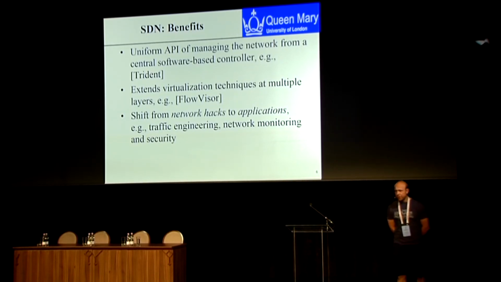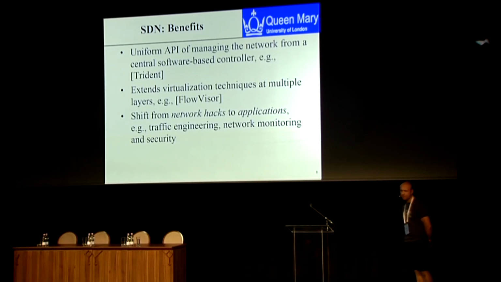Another benefit is that you can do virtualization. I mean, we do lots of tunnelings and slicing in our networks nowadays, and it's kind of a mess. So actually, one of the benefits of SDN is to forget about layers, kind of. They still exist, but we forget about them when we think about the network, and we basically see things as just one slice virtualization problem, irrespective of the layer at which things happen.